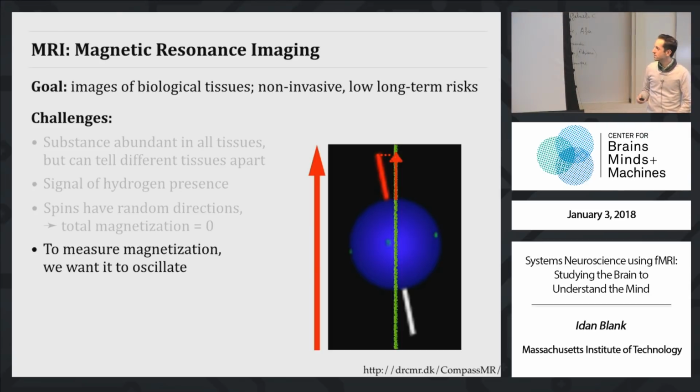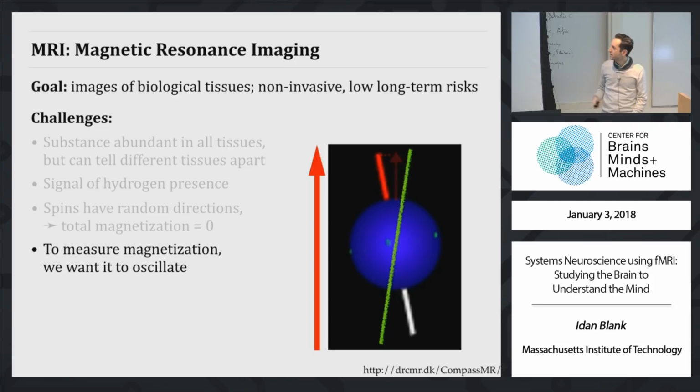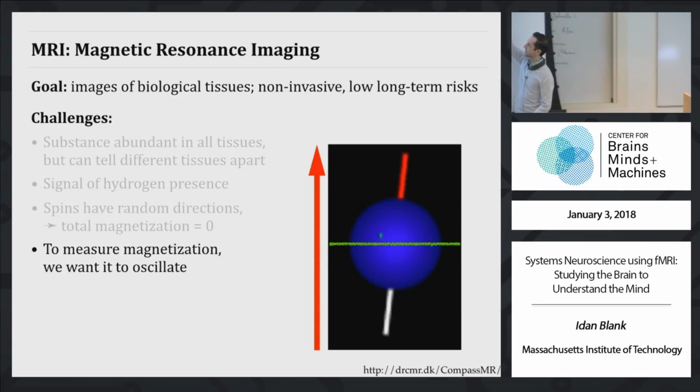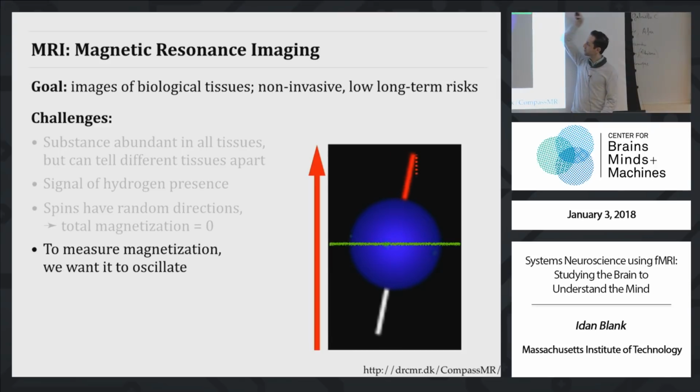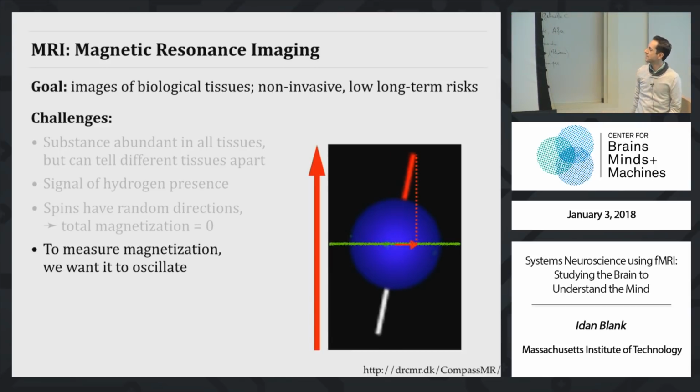So we need to look at magnetization in a different direction. And what we're going to do is we're just going to look at the perpendicular direction. So if we're changing our view here, and imagine that now I have an antenna here that's looking at the magnetization that's coming here, when the spin, for example, is in that direction, we have a magnetization that goes in that way, and then it continues to precess, and then we have a magnetization that goes in the other way. So it oscillates.